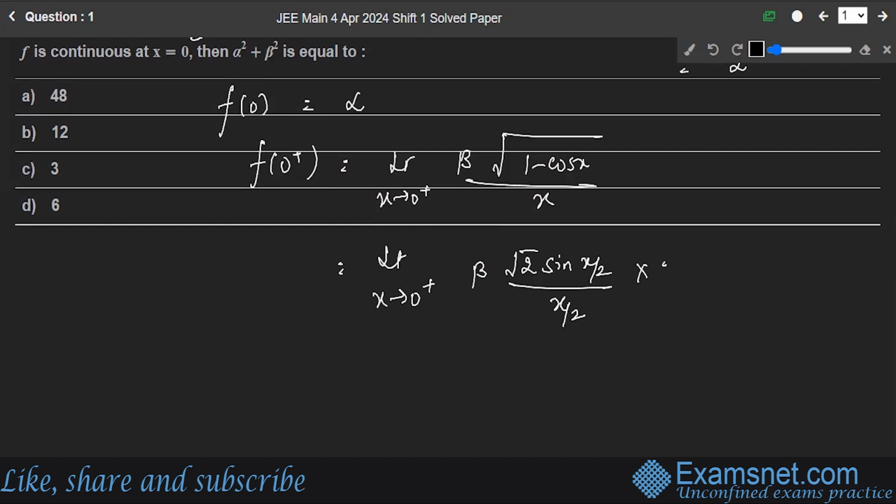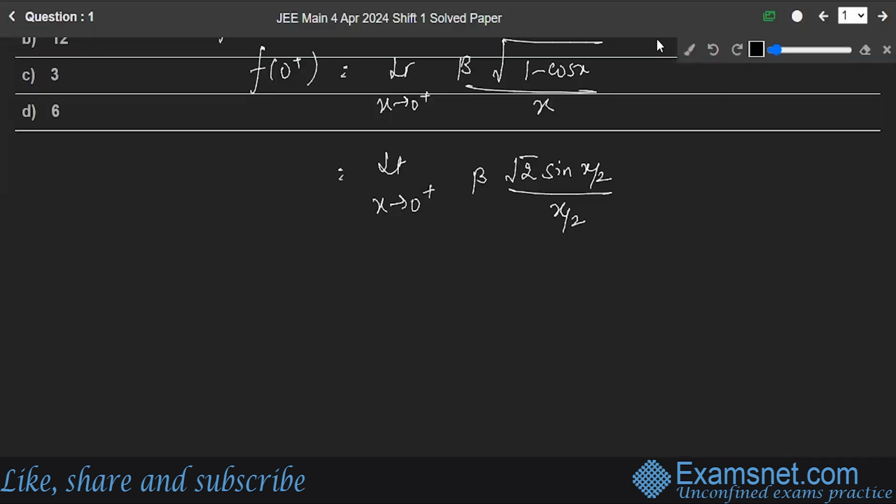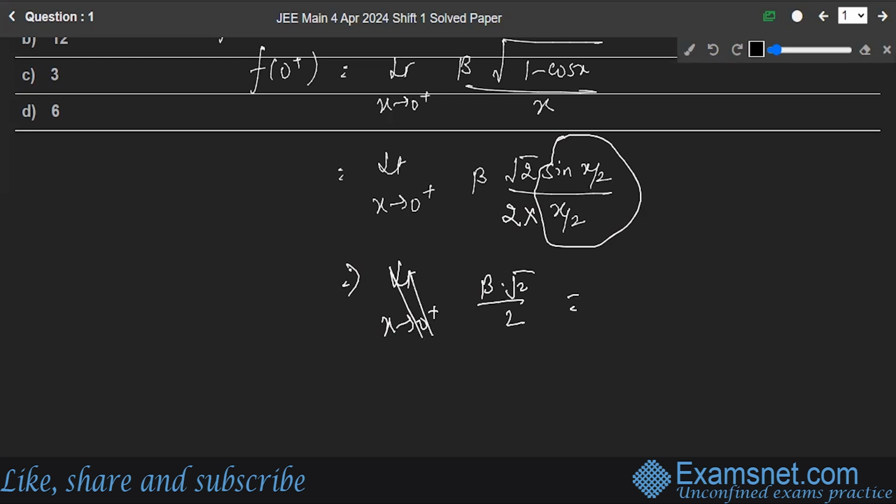It will come in the denominator over here. So this is equal to limit x approaching 0 positive, again equal to 1, beta into root 2 upon 2. So this will be beta upon root 2.